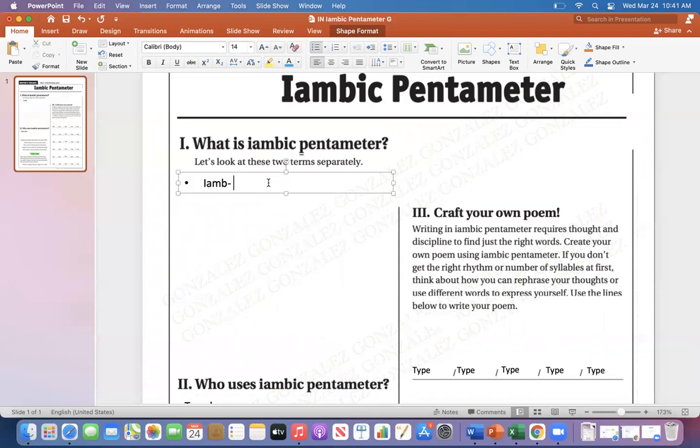So we're going to go ahead and write that in. And what I mean by stressed is the way that it's spoken. And we'll go over that before we actually look at an iambic pentameter, so I can show you what I mean by stressed and unstressed.